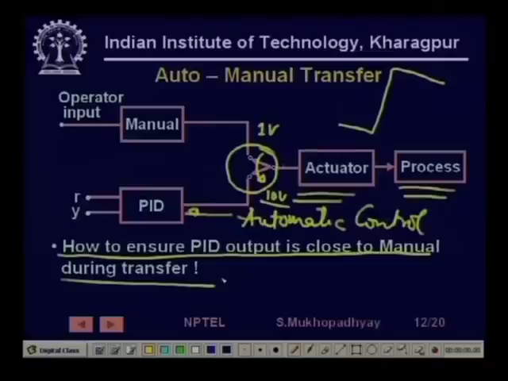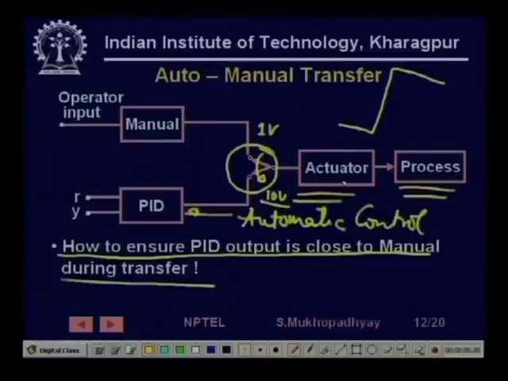In fact, it often is not, because the PID control, remember, its output is not going to the actuator, but it is all the time getting both the set point and the measurement. So, it is all the time computing the error, computing its integral, everything. So, it is quite likely that the PID control output is saturated while you are manipulating the process with manual control.